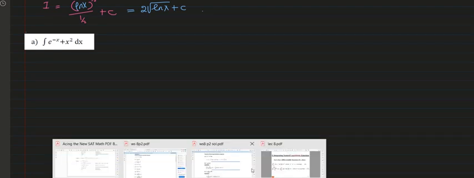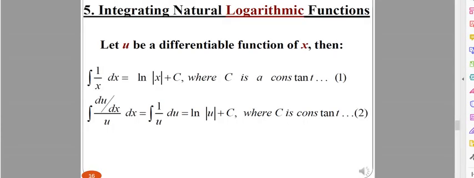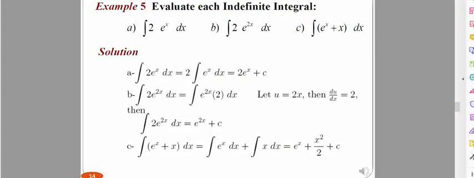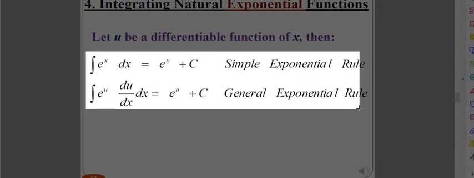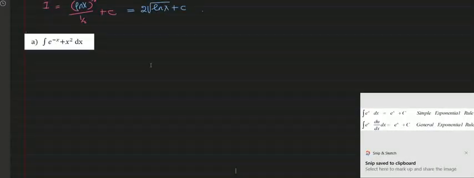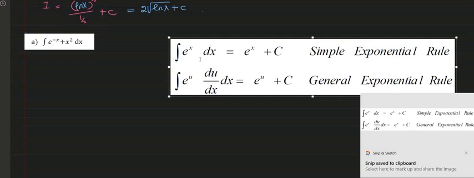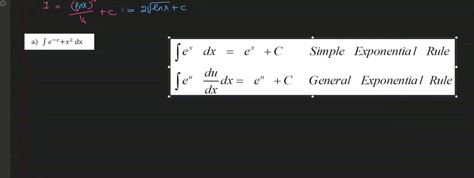And let's see this from the lecture notes. The exponential rule is here. We have the simple exponential rule. So if we're integrating e to the power of x, its integration is itself. If we have e to the power of a function, we have to look for the derivative of the function beside. So this is what we need from the lecture as the rules.